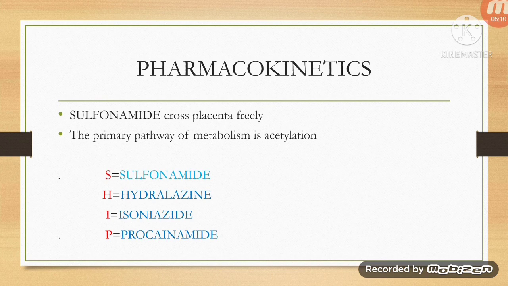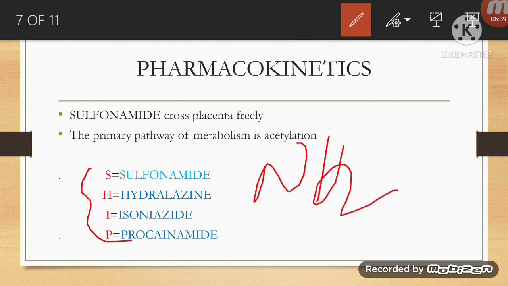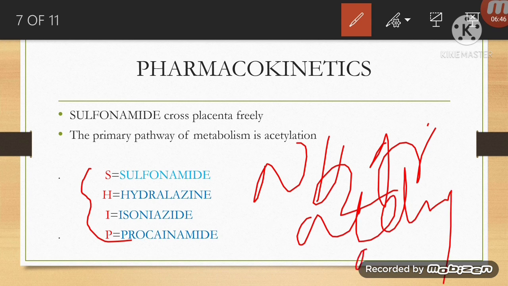To remember, there is a trick, just a trick: SHIP. S for sulfonamides, H for hydralazine, I for isoniazid, and P for procainamide. Those substances have an NH2 group, so they go to acetylation metabolism.